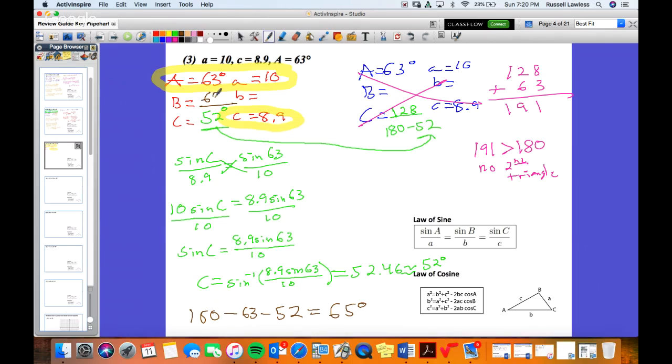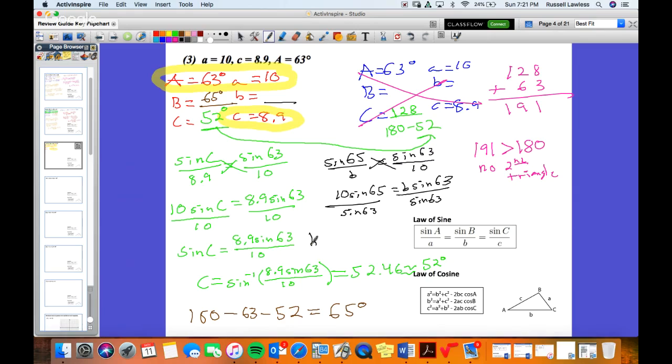And then looking at side B, the way we calculate for side B is we'll do the sine of 65 over B equal to the sine of 63 over 10. Cross multiply to get 10 sine of 65 equal to B sine of 63. Then we can divide both sides by the sine of 63.